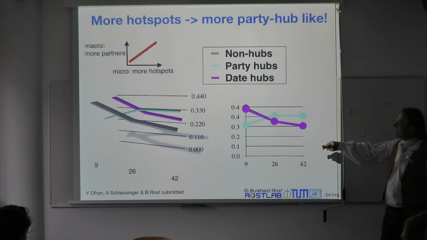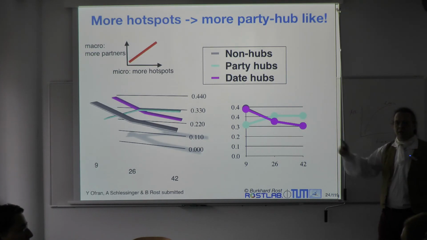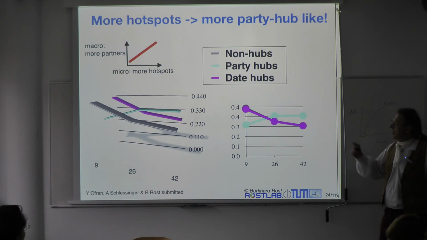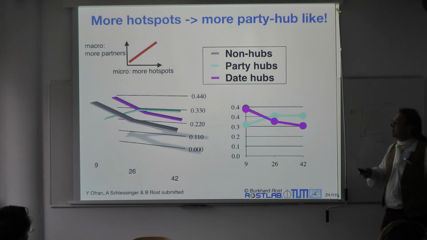They're really falling on the same side, while the party hubs really look different, right? So as a set, and here we used, I believe, in the ballpark of 50 hub proteins for party and for date. For a set of 50, we can distinguish them. Whether we can do that on the individual is a different story.